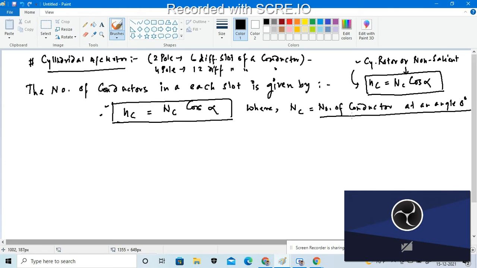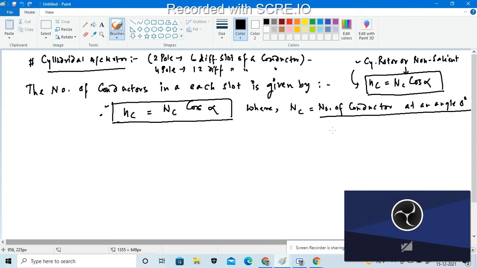If I draw this particular figure, that means the distribution of the conductors that will produce a close approximation to a sinusoidal distribution of mmf, for that case we have to draw the figure. So the figure will look like this.